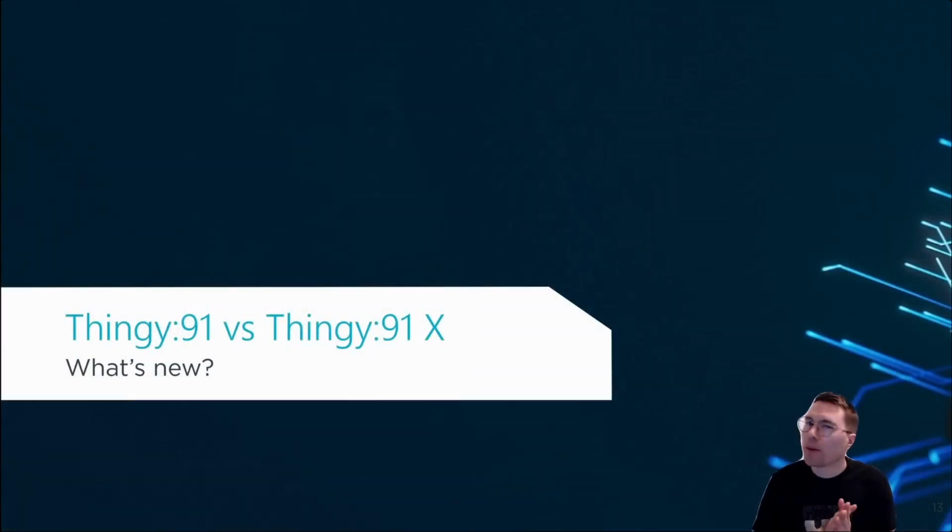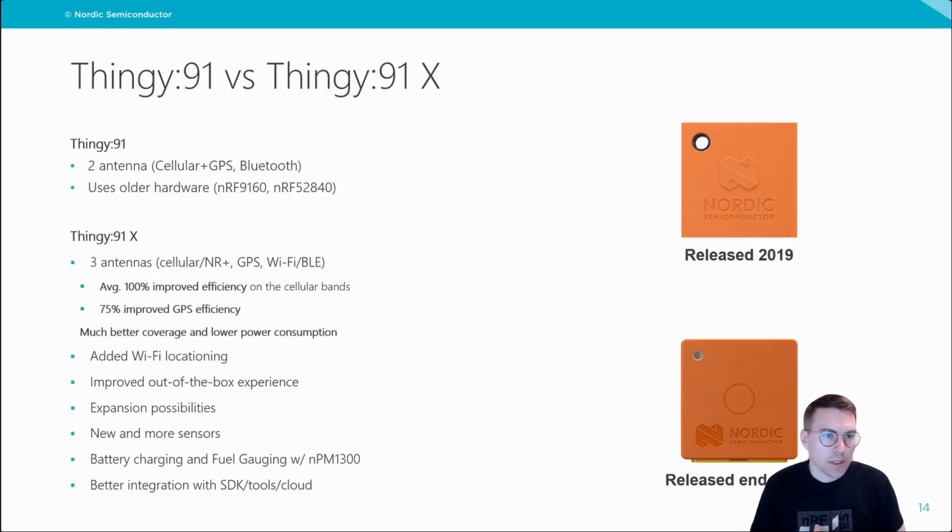Now, let's compare the old Thingy:91 versus the new Thingy:91 X. What's new? So the old Thingy:91 was using two antennas, separate antenna for cellular and Bluetooth, but the cellular antenna also combined GPS.